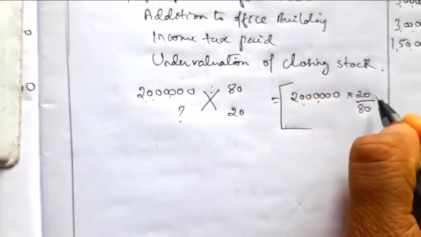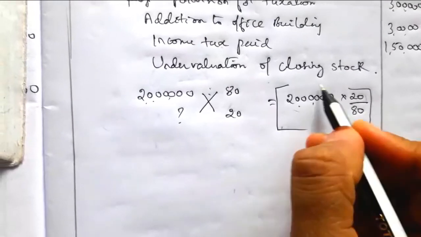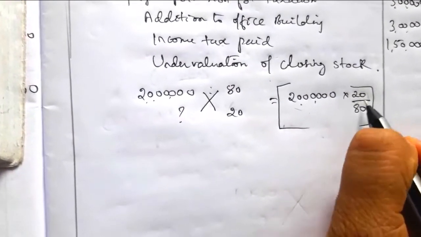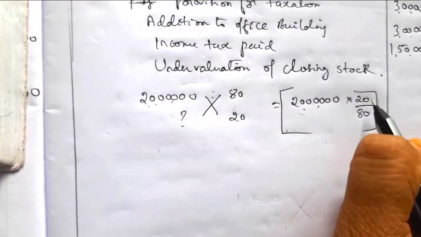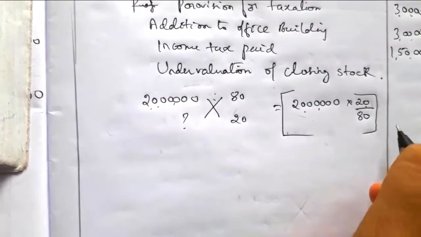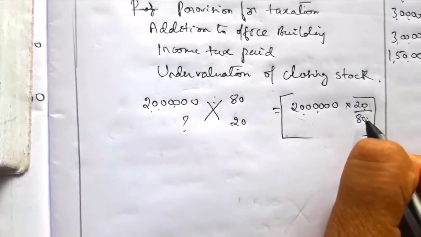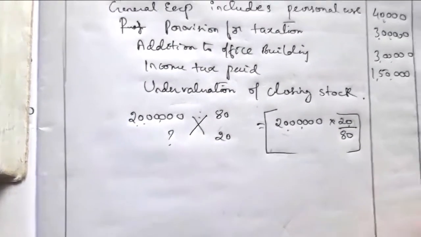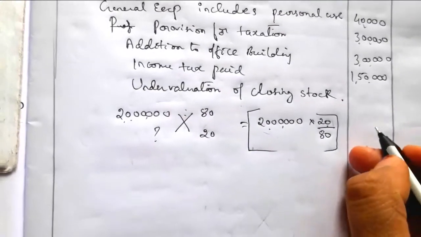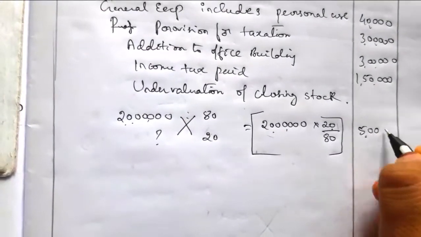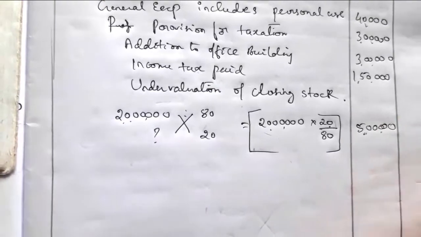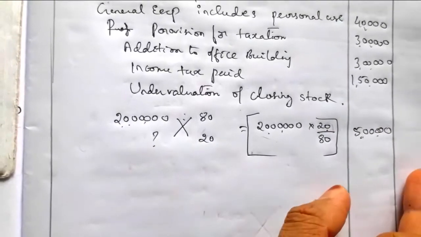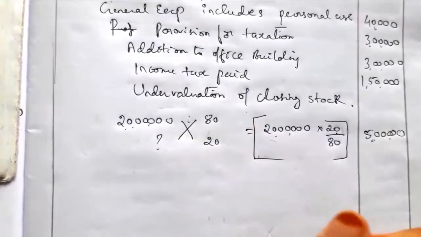So for undervaluation of closing stock, we take the given value into the percentage of undervaluation divided by 100 minus the percentage. 20 divided by 80, so the answer is 5 lakh. The 5 lakh is the undervalued amount. So actually the closing stock value is 25 lakh.